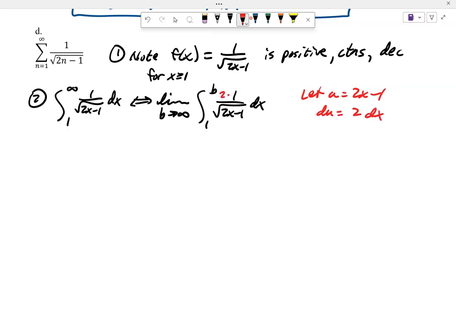I need a 2 dx, so offset with the 1/2 here. So I've got a limit as b goes to infinity, 1/2, integral from 1 to b of 1 over the square root of u du.